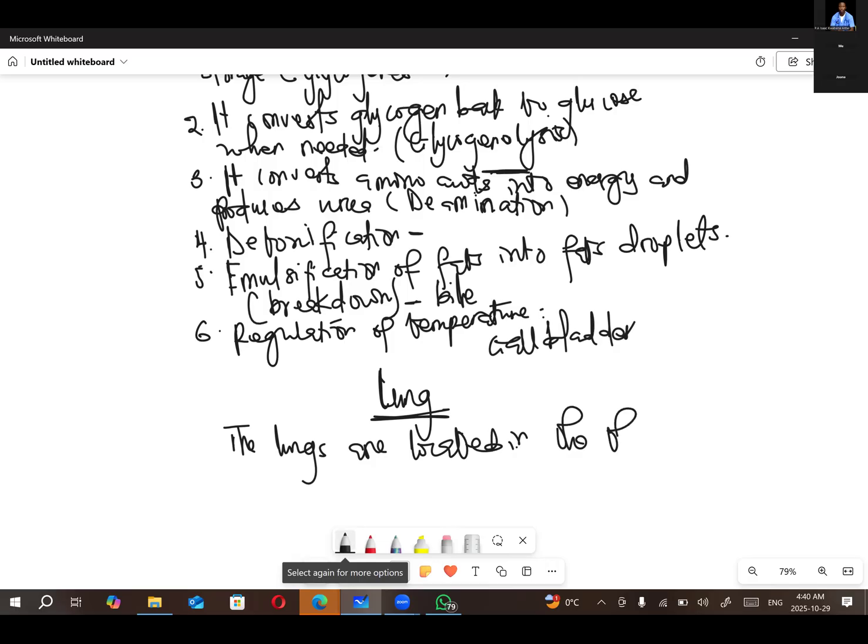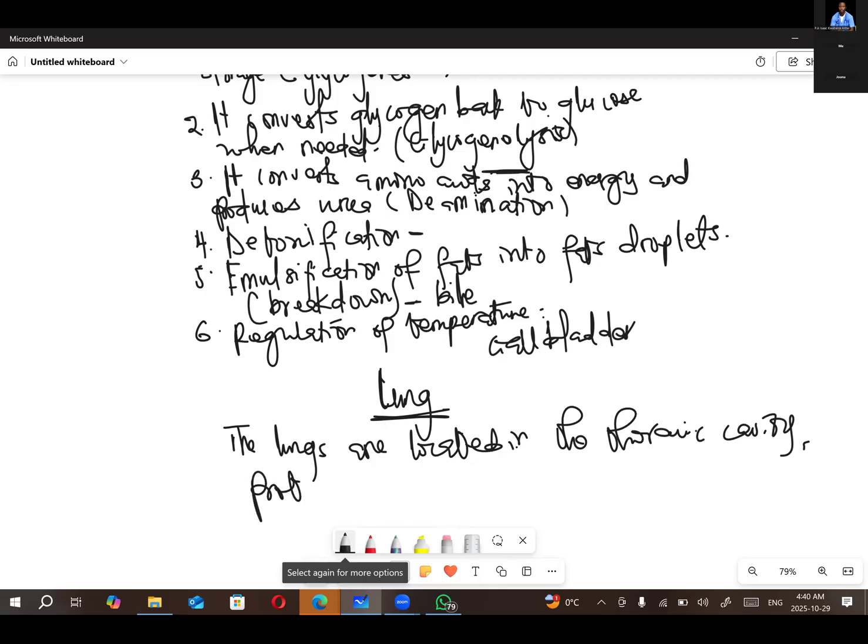What other organ did we say is located in the thoracic cavity in our previous lessons, if you recall? The heart. Yeah.